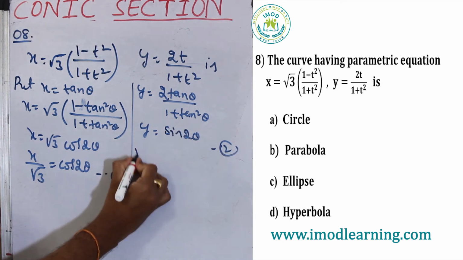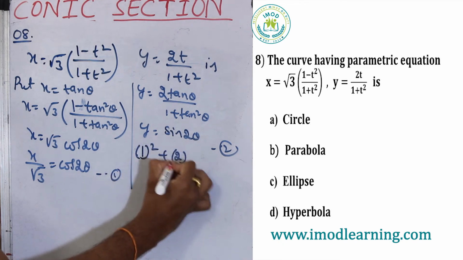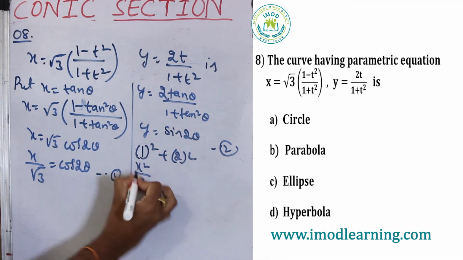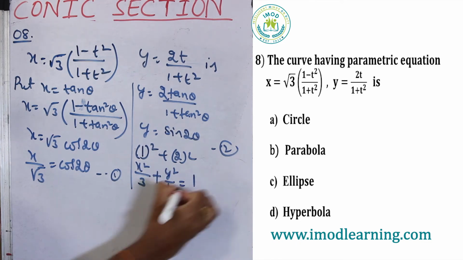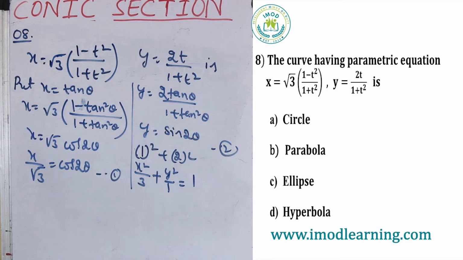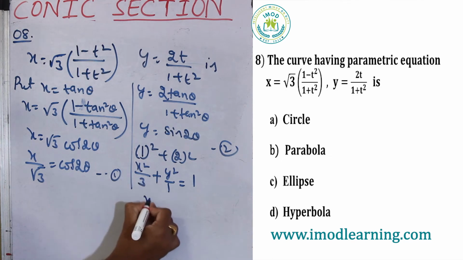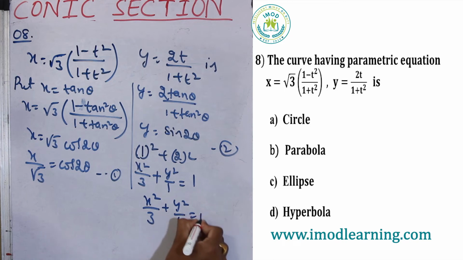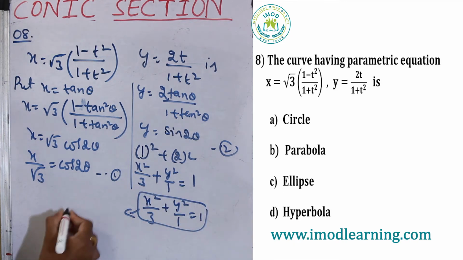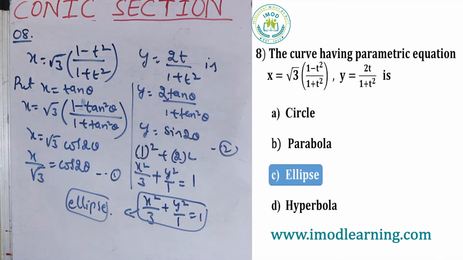So you can square and add: x square divided by 3 plus y square divided by 1 which is equal to 1, called an ellipse. The given conic is an ellipse. Option C.